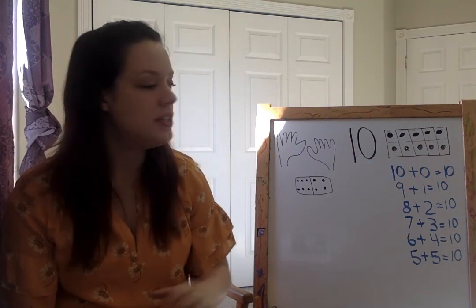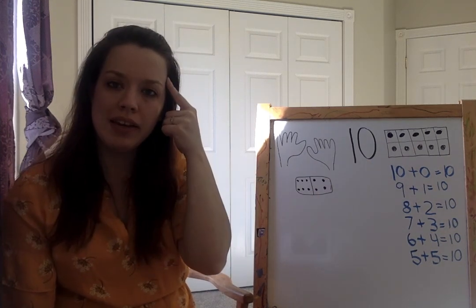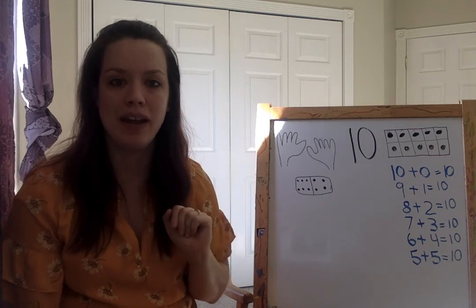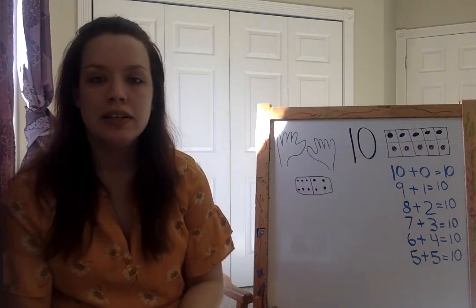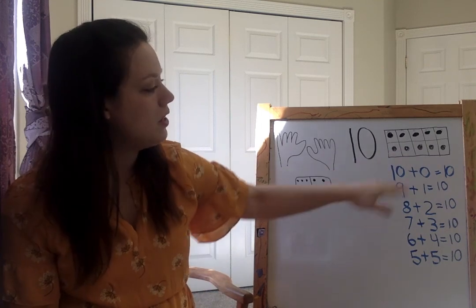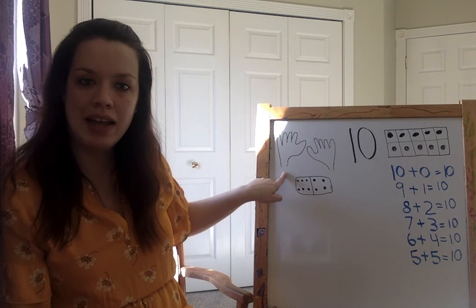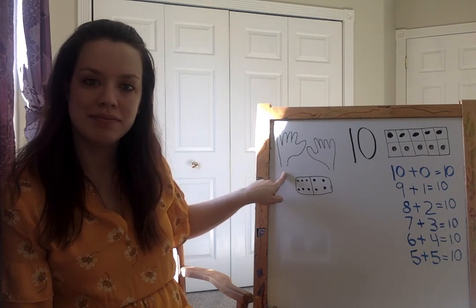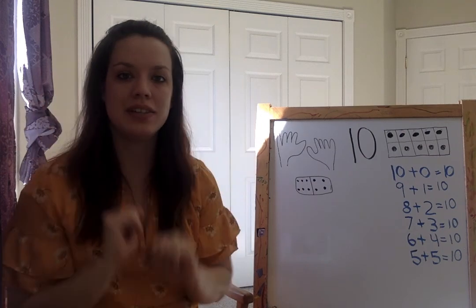The next way we showed 10 was by using our 10 frame. We can hear in the name 10 frame that there are 10 spaces. So when it's all full, we are showing the number 10. What's the next way we showed 10? If you showed me your 10 fingers, that's correct.